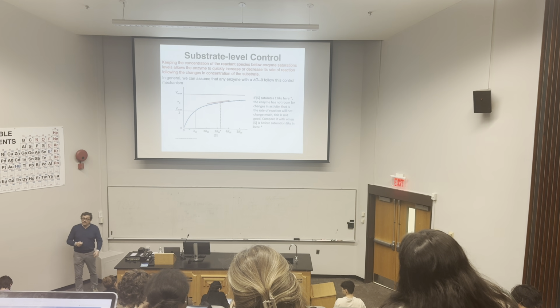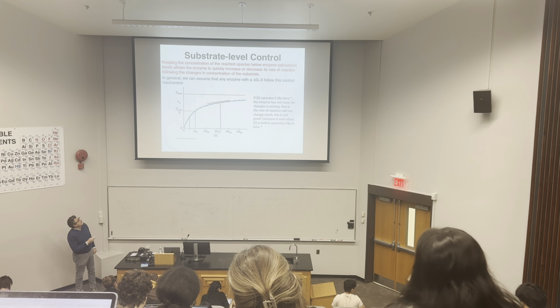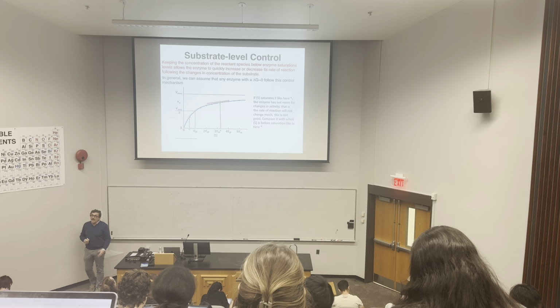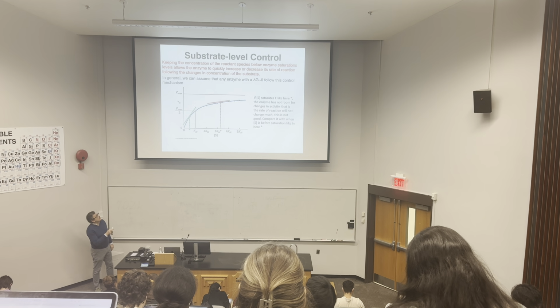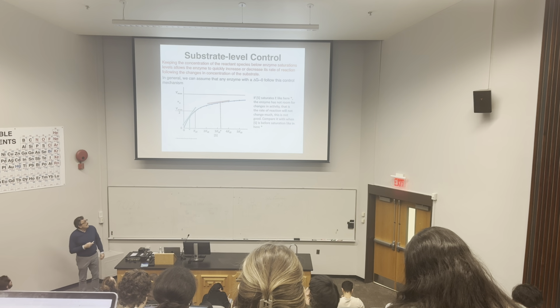On the other hand, if you take a situation like this, the substrate concentration is about half of Km. The slope here is higher, and the rate of the enzyme has still space to go higher, just with a little increase of substrate concentration.